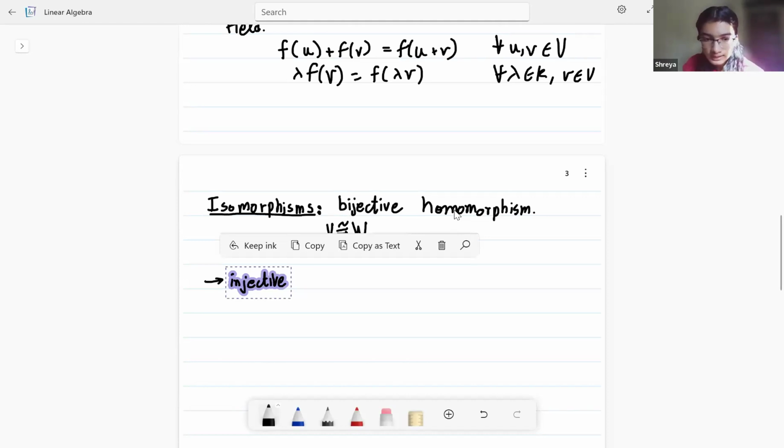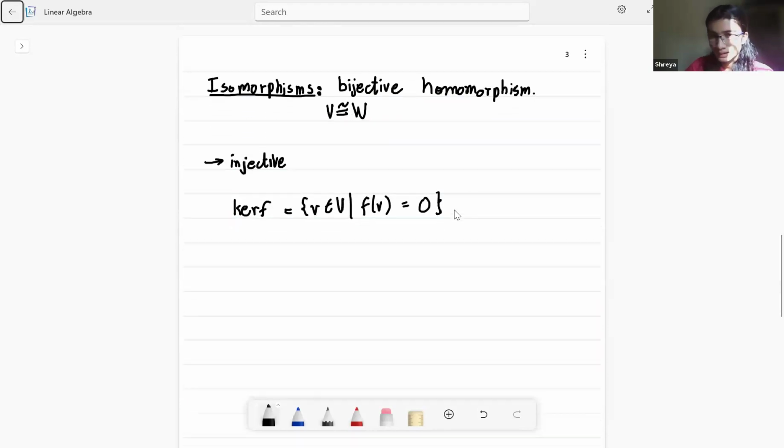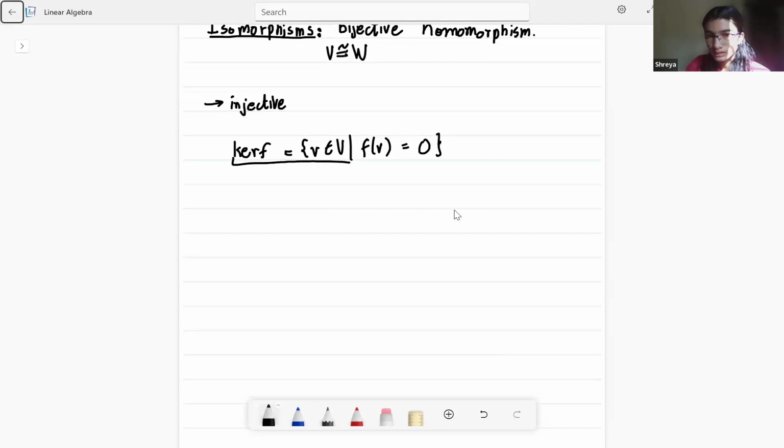But for general functions, a way to understand the structure is that we have the kernel and image. The kernel of a function, this is a general homomorphism from V to W, is the set of all the things which map to 0.